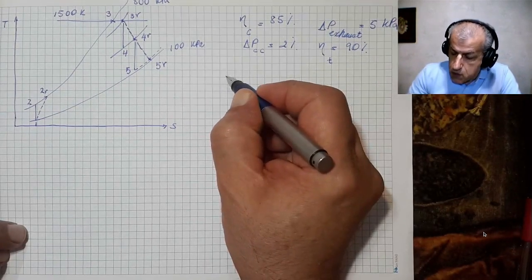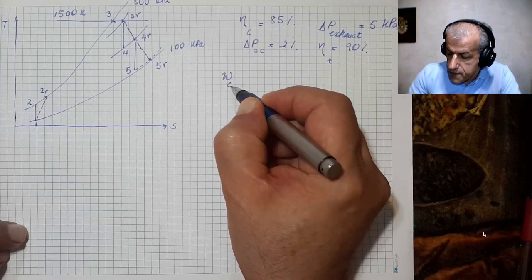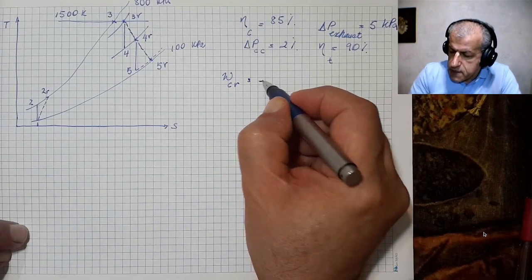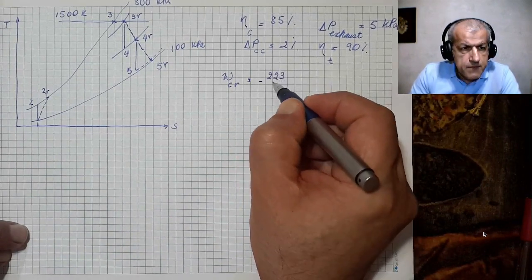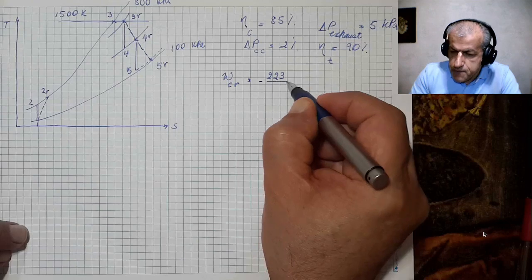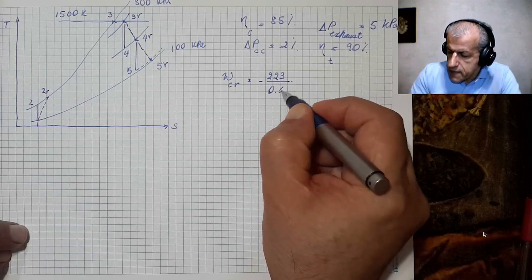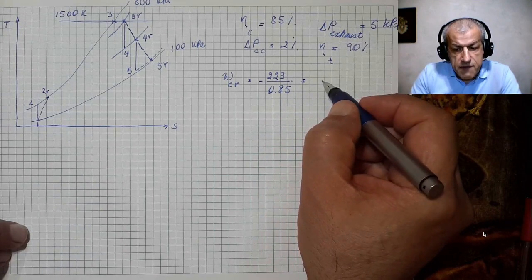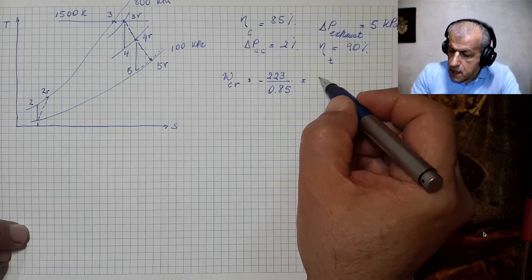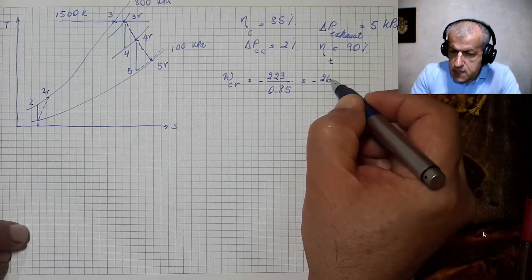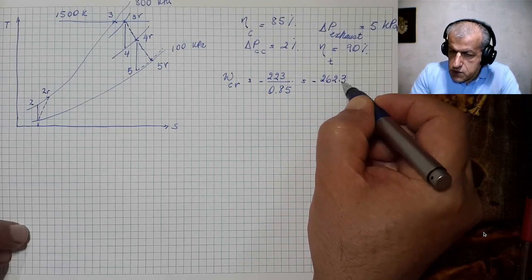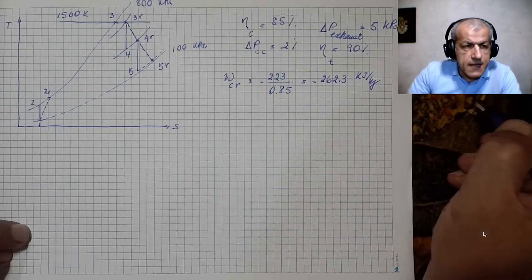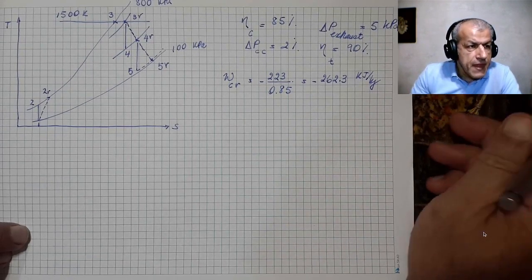Now, the work for the compressor, but the real compressor is minus 223 divided by 0.85, which is the efficiency of the compressor, and the outcome would be minus 262.3 kilojoules per kilogram.